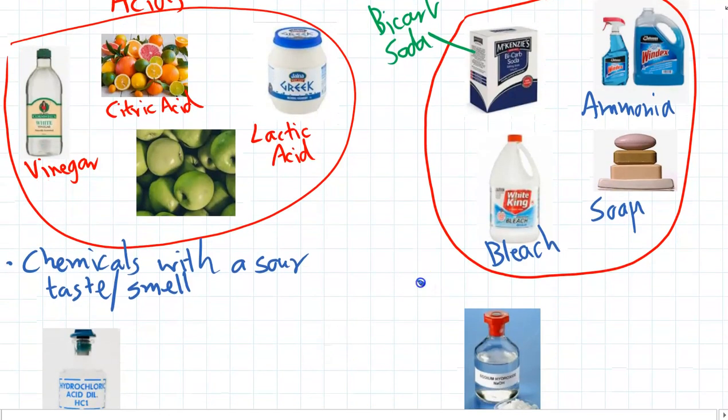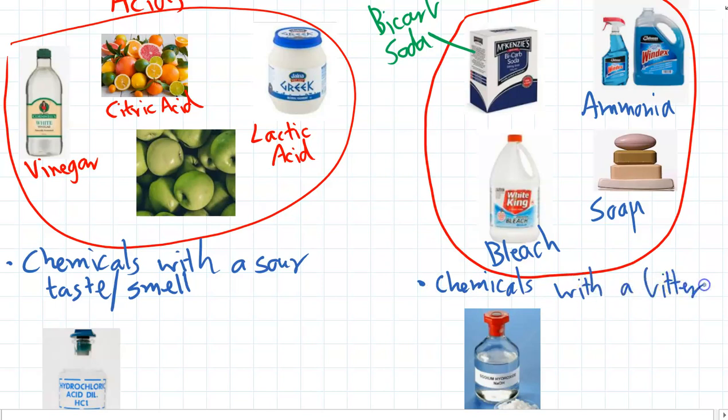So overall, bases are chemicals that have a bitter taste and they feel soapy to touch.